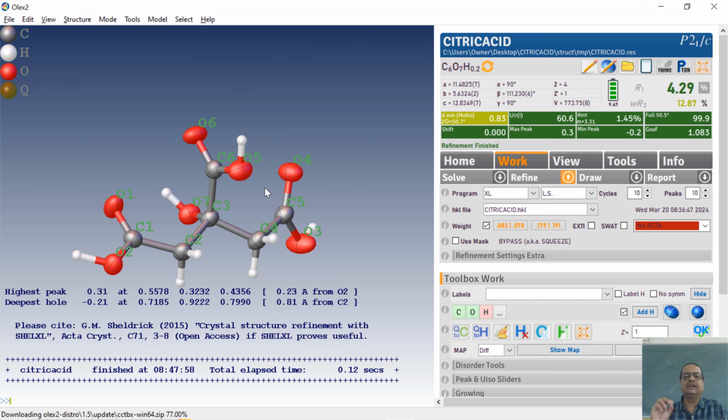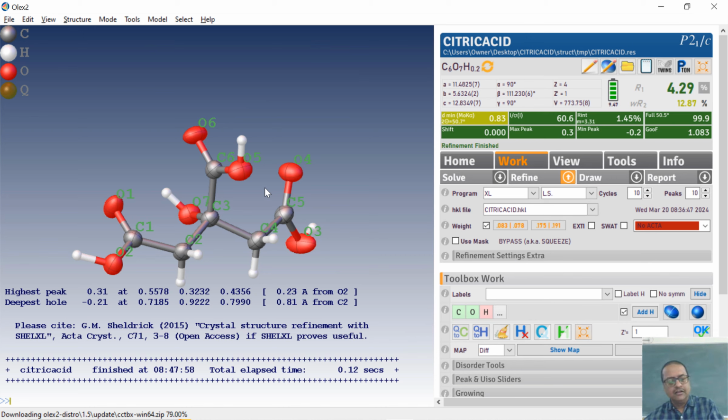This particular activity is called: the hydrogen atoms were located from the difference Fourier map and refined isotropically. So you state this in a paper when you have located the hydrogens from the electron densities that came up, identified them as hydrogens and refined.